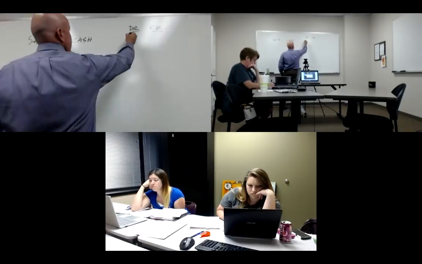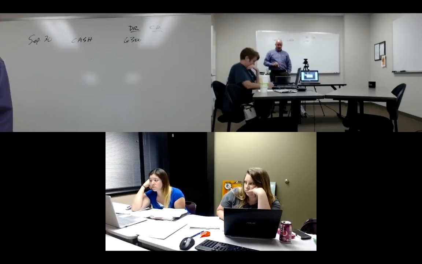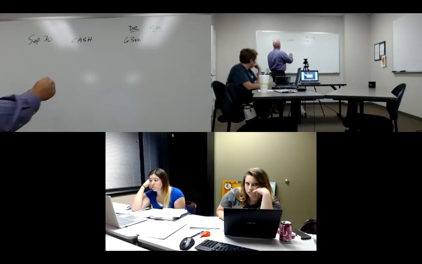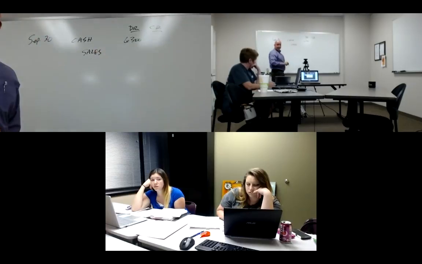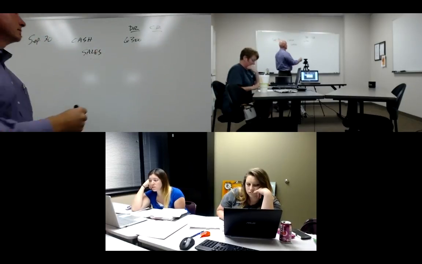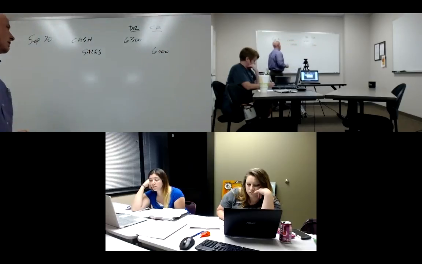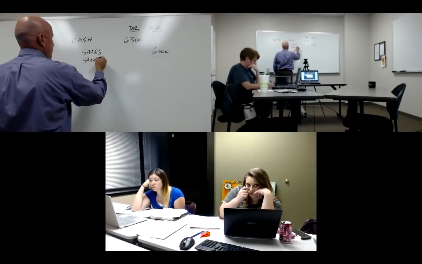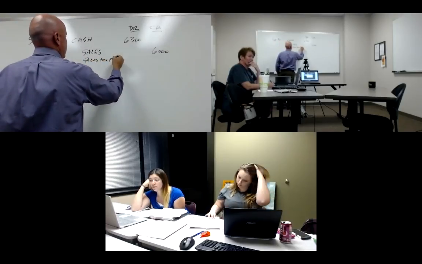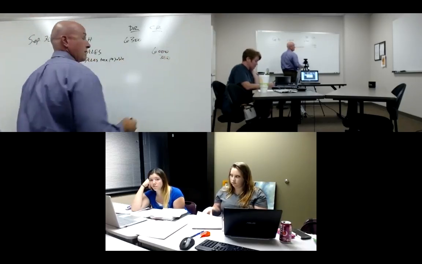So debit cash for $6,300, and credit sales, you say, for how much? $6,000. And credit sales tax payable $300, since $6,000 at 5% would be $300. Good job.